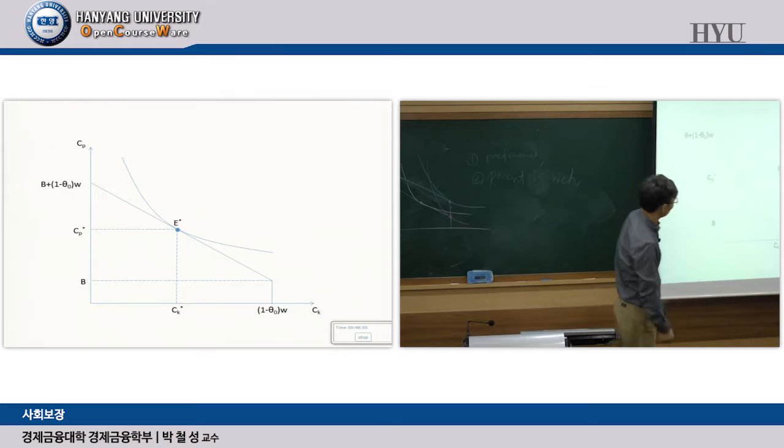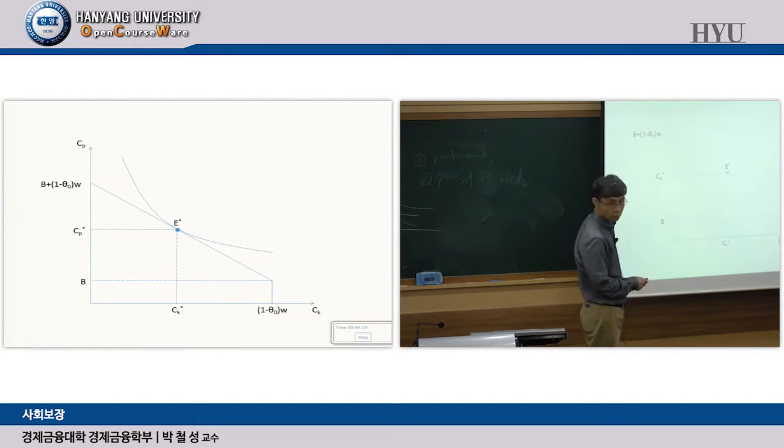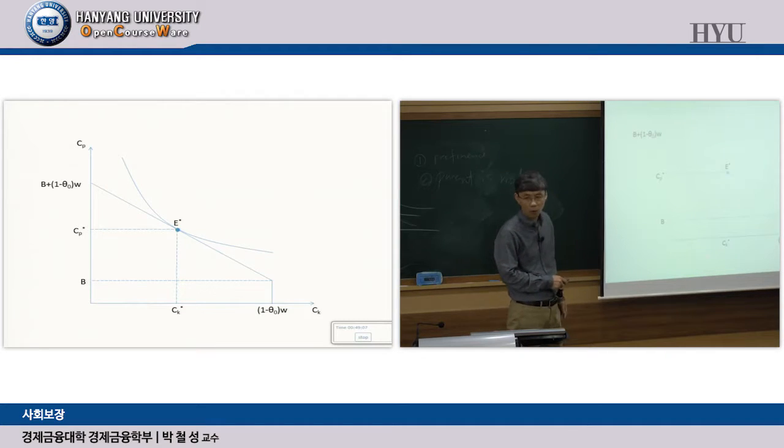Now, we just use the same idea here. Okay, basically a similar idea. What idea is this? Now, let's say the government says to the child, you have to contribute more to your own pension. Which means here theta 0 becomes higher, theta 1. So then what happens?